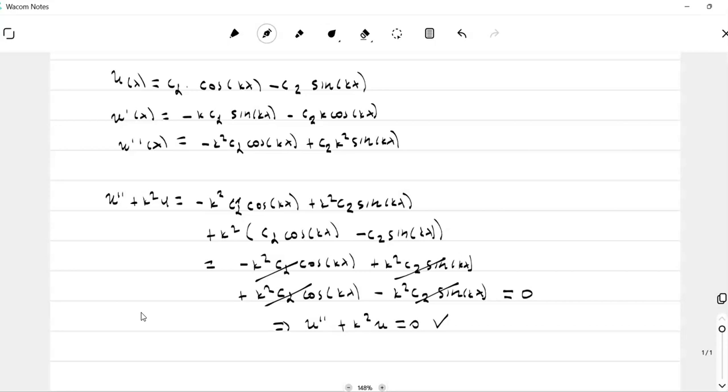So my solution, of course, I can rewrite it: u of x is c1 times cos kx minus c2 sine kx. This is my general solution.